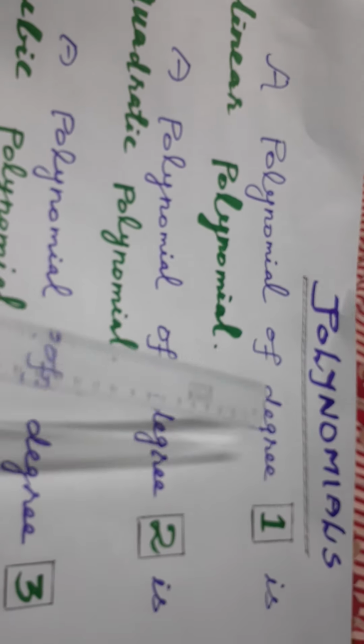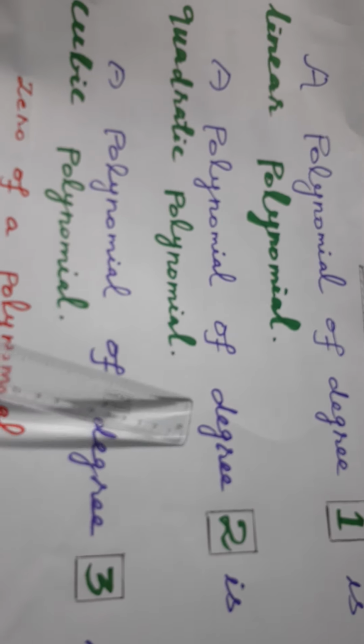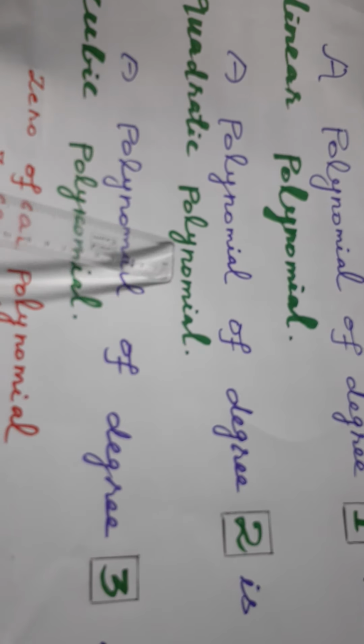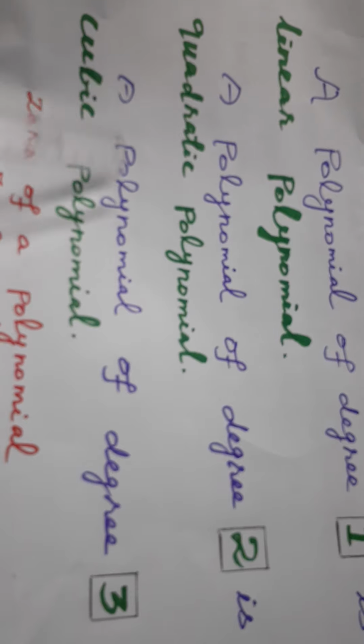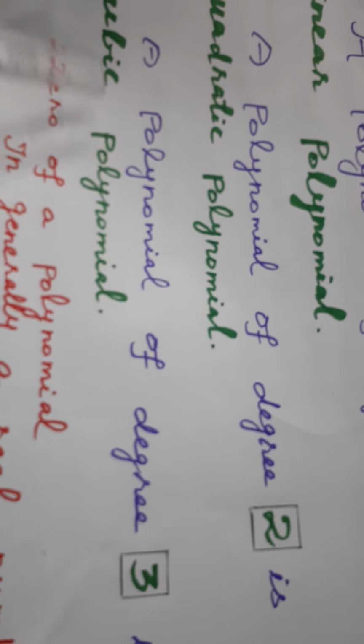Now, a polynomial of degree 1 is called linear polynomial. A polynomial of degree 2 is called quadratic polynomial. A polynomial of degree 3 is called cubic polynomial.